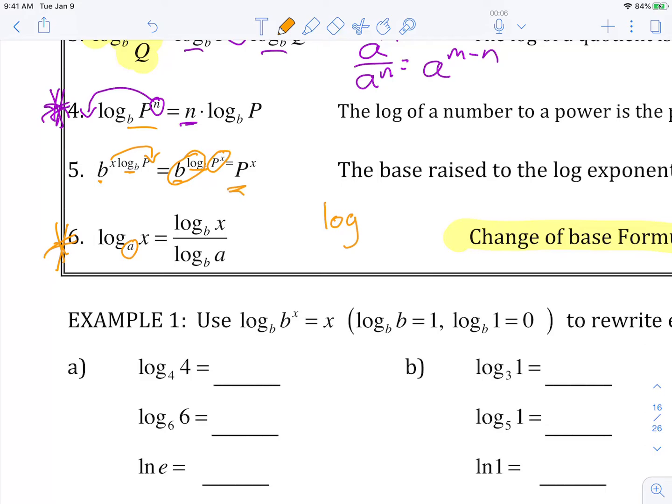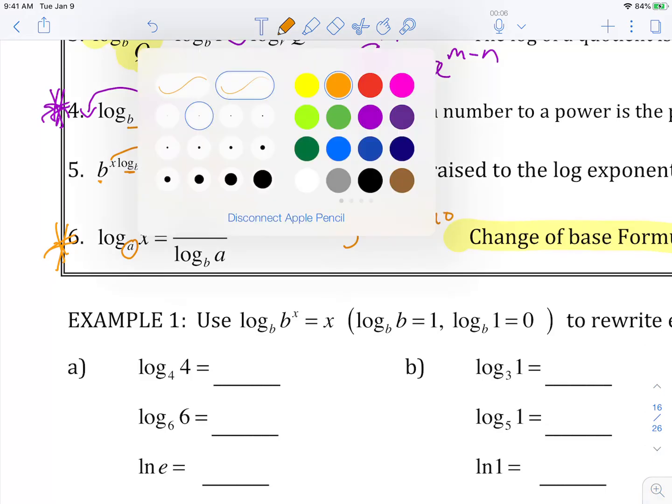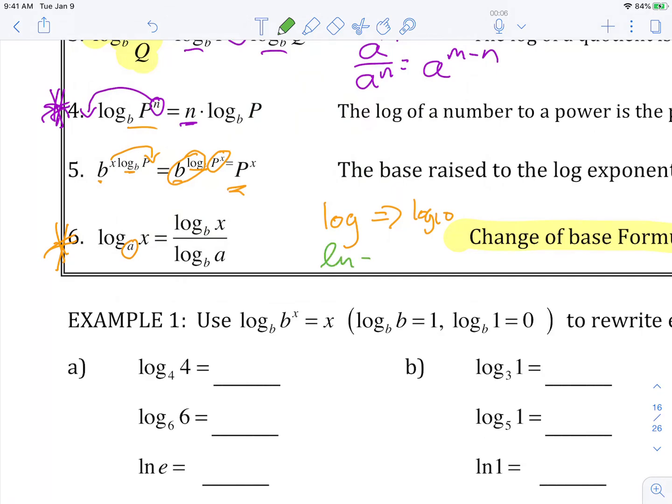It has log, which we know is log base 10, and it has ln, which we know is log base e. So if it's anything other than these two things, unless you have a new calculator, and a lot of you guys do, but I know there's some of you guys that don't, unless you have a new calculator, you need to use this formula, right?